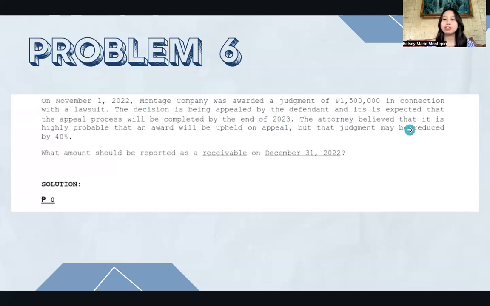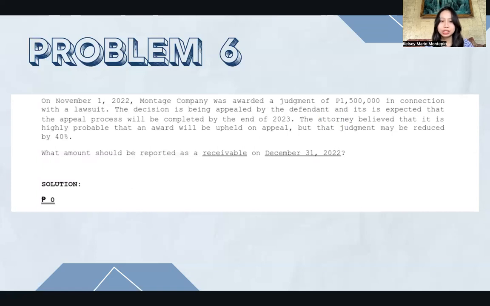The attorney believed that it is highly probable that the award will be upheld on appeal, but the judgment may be reduced by 40%. The question is, what amount should be reported as a receivable on December 31, 2022?